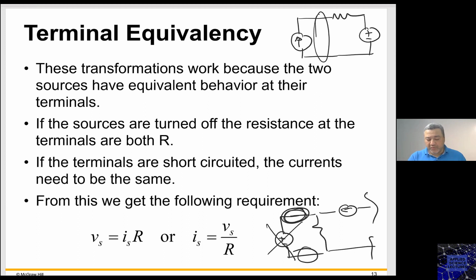We don't see anything, which means it's a very high resistance. It could be an infinity. Then you cannot transform this current source into a voltage source. You can transform this one from voltage source to a current source, right? This one can be transformed because it does have a resistance in series to it. So always keep this in mind.